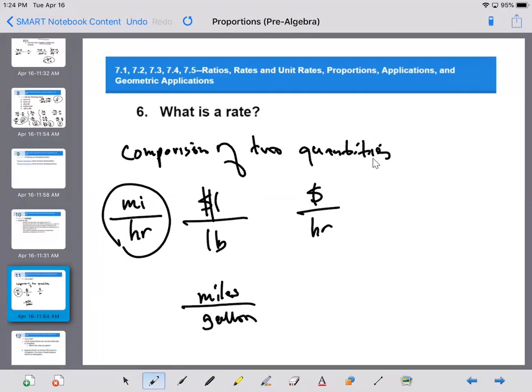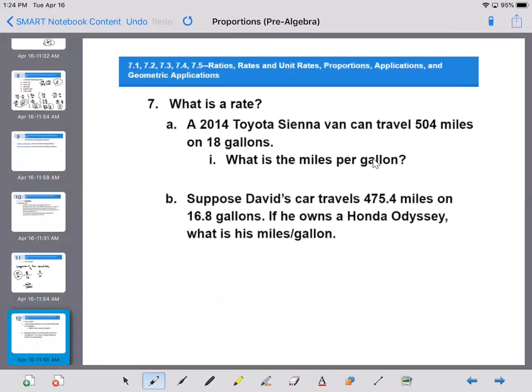That would be a rate. So if I have 504 miles to 18 gallons, what's the miles per gallon? You're just dividing that 504 by 18, and that's going to give you 28 miles per 1 gallon.